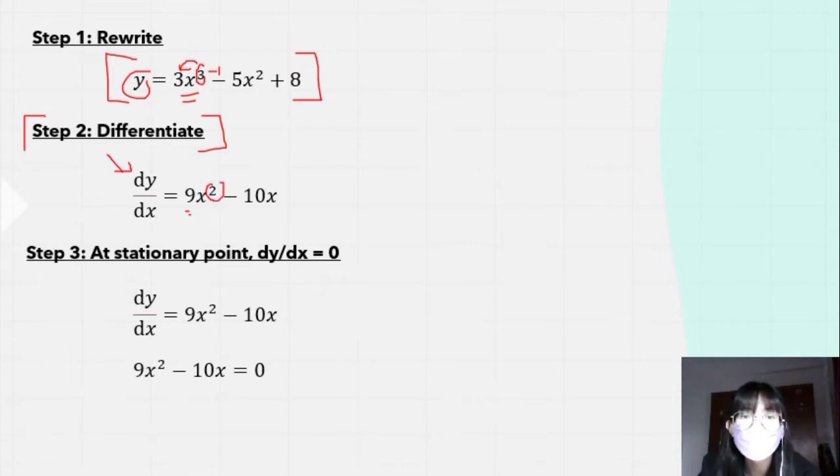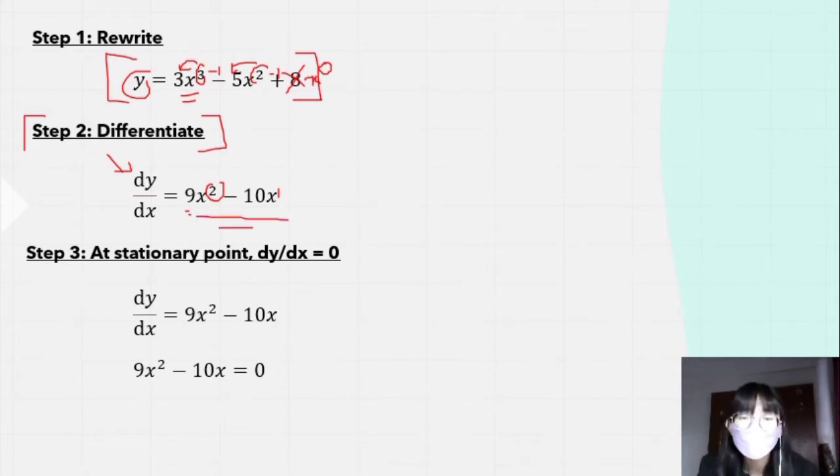Moving on to negative 5 multiplied by 2, of course we get negative 10, and x to the power of 2 minus 1, we get x to the power of 1. The 8 has no x value, so it becomes 0 and is removed from this equation. So we get dy over dx equals 9x squared minus 10x.